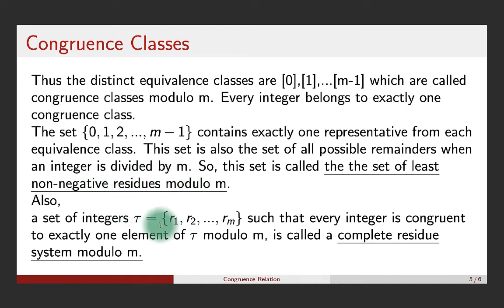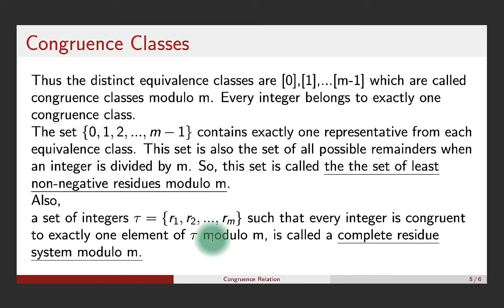Similarly, a set of integers, say r1, r2, etc., rm, in which every integer is congruent to exactly one element of this set modulo m, is called a complete residue system modulo m.